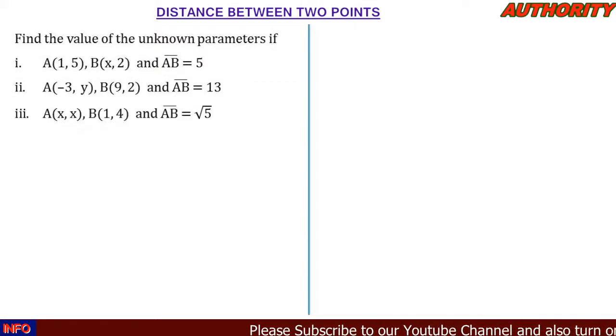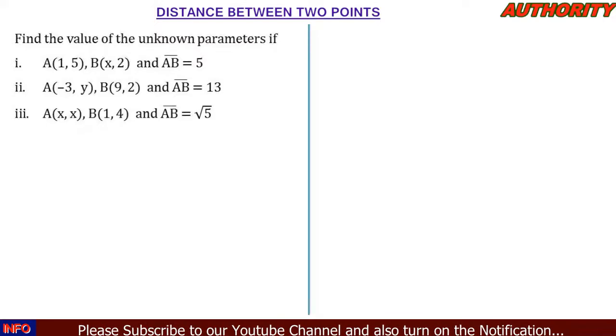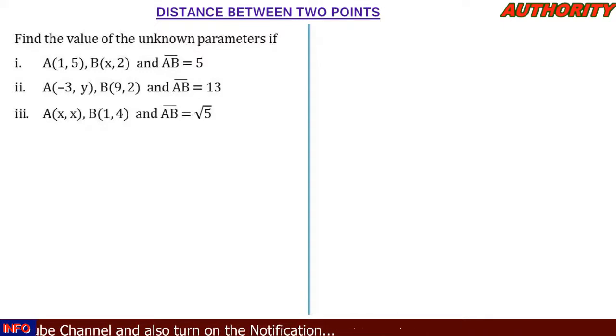And then in number 2, we are to find the value of y, such that when you take the distance of AB, it's going to give you 13. And then number 3, we are to find the value of x, such that when you take the distance of AB, it's going to give you square root of 5. All right? Yes, this is what we are going to take. Please, I want you to watch this carefully. All right? Good. Let's go.